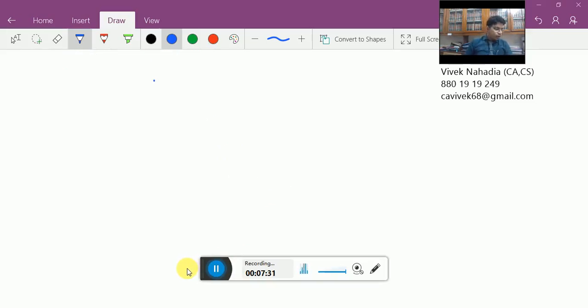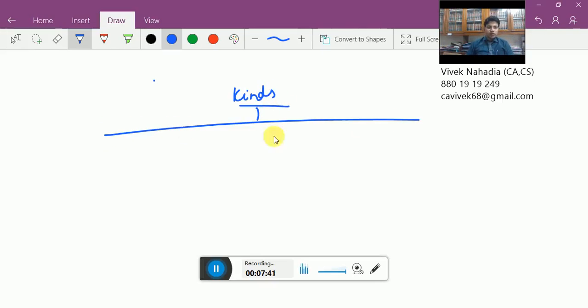Now we'll talk about the kinds of property. There are basically two kinds of property. The first one is jura in re propria. It's difficult, like a tongue twister, but if you practice it once or twice, you'll get it. Jura in re propria. I'll write the spelling here.